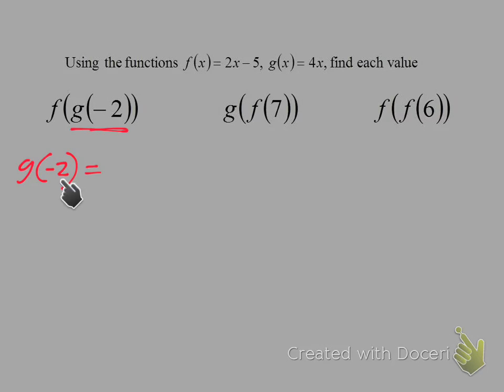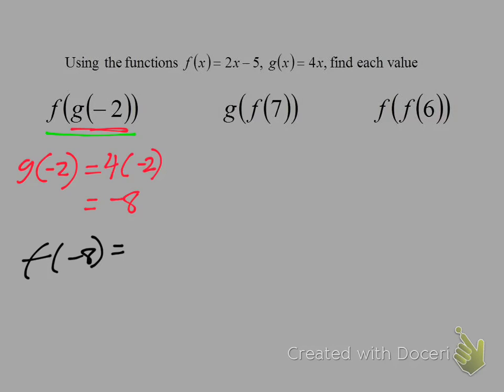So you put negative 2 into the x for g. So g of negative 2 is 4 times negative 2. That gives you what? Negative 8. Okay. So this part here is negative 8. Everybody see that? Now put that in for f. So f of negative 8.